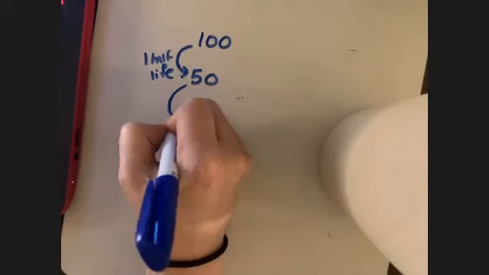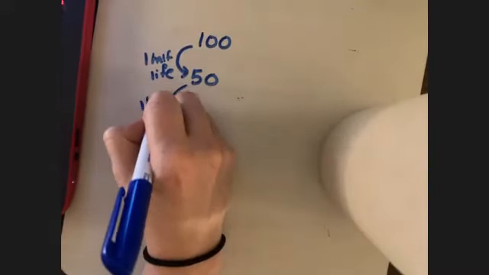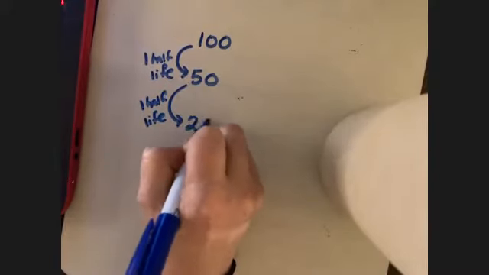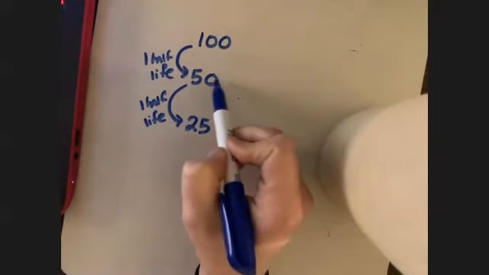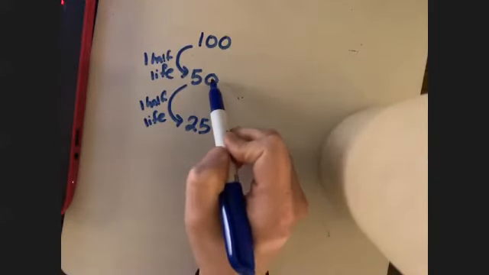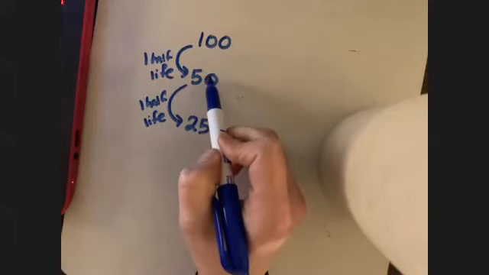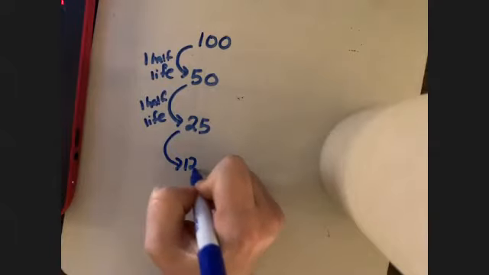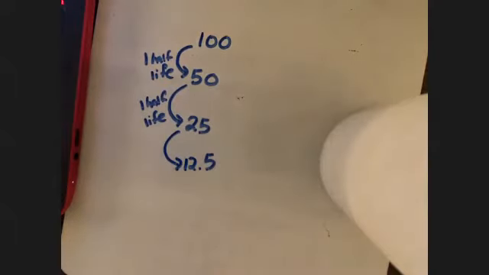Now, if I go another half-life, it's half of this amount, so it's going to put us at 25. Guys, it is not just half and then the other half. It is half of what we currently had. So if I went from 100 down to 50, I'm now going from 50 to 25. And then from 25, we would go to 12.5, and so on and so forth, okay?